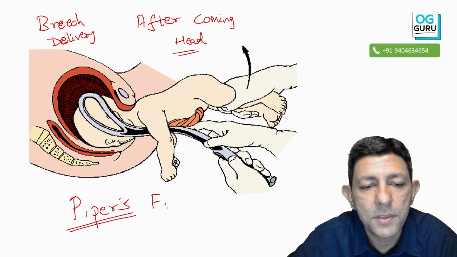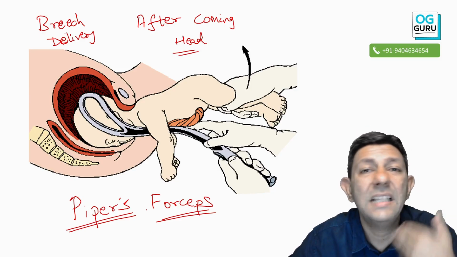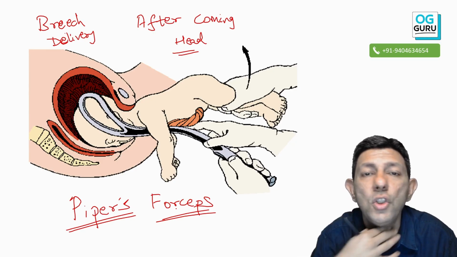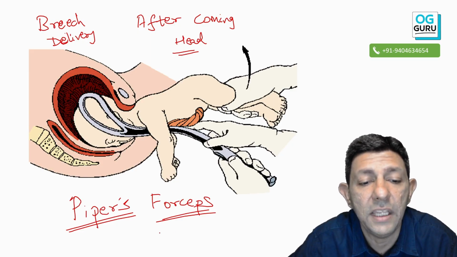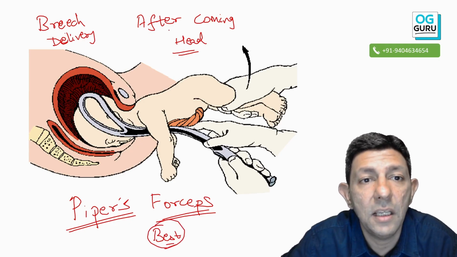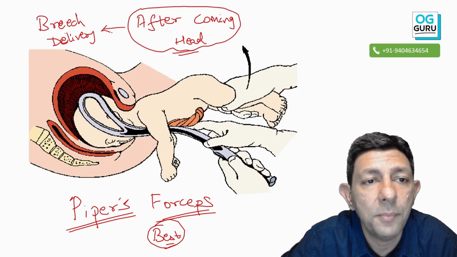Piper's forceps is the best way for vaginal breech delivery for the after-coming head, because there's least injury. Sudden decompression is avoided, and injury to the brachial plexus is the least for the baby. Therefore, for fetal safety, Piper's forceps is considered one of the best methods for vaginal delivery of the after-coming head of the breech.